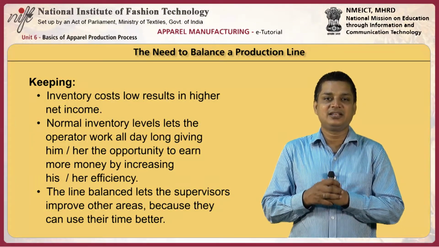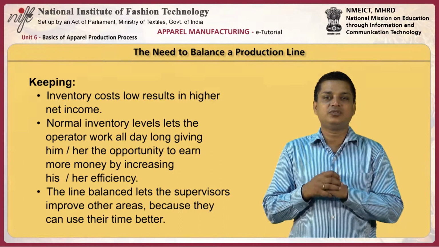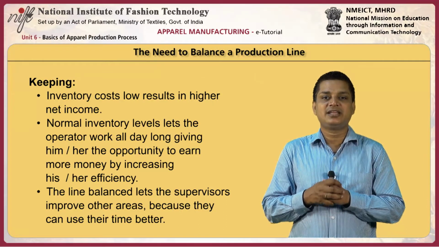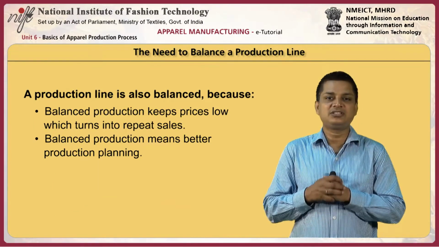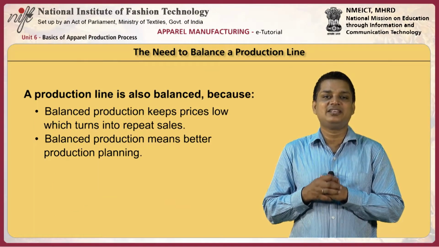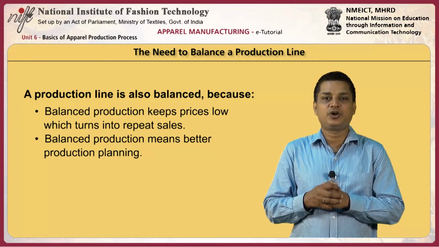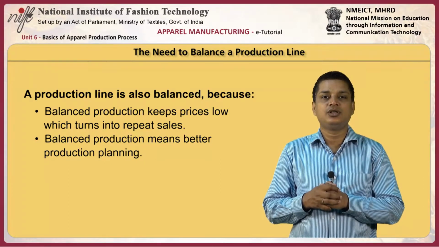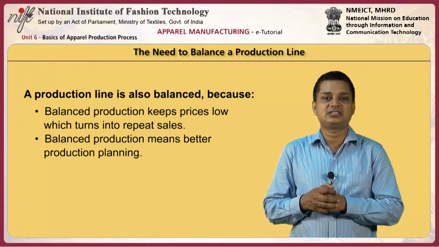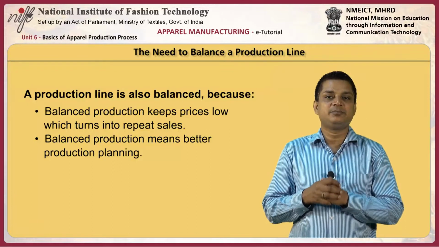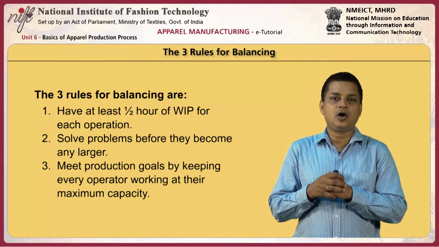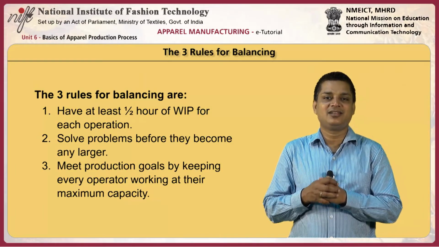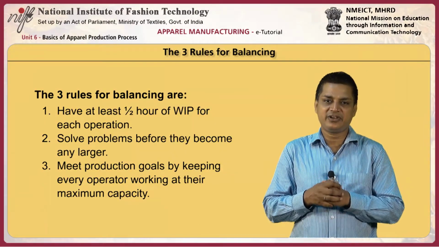Keeping the line balanced lets the supervisors improve other areas because they can use their time better. A production line is also balanced because balanced production keeps prices low, which turns into repeat sales. Balanced production keeps better production planning. It is very important that all supervisors put balancing the line in their daily plan every day.